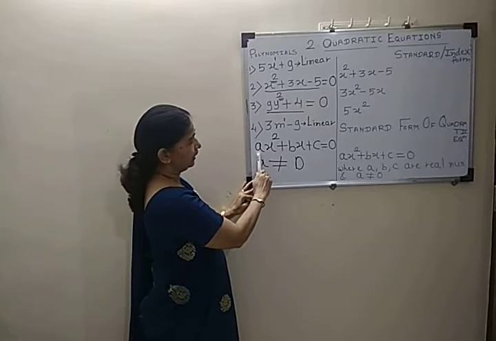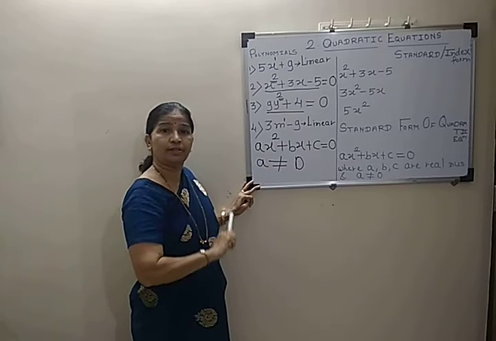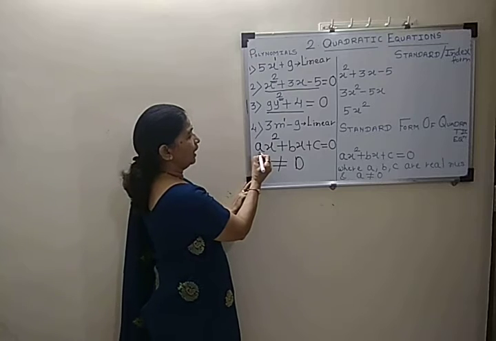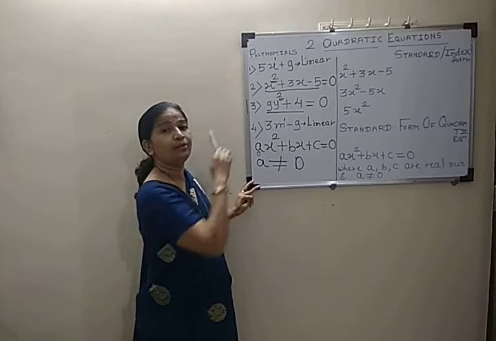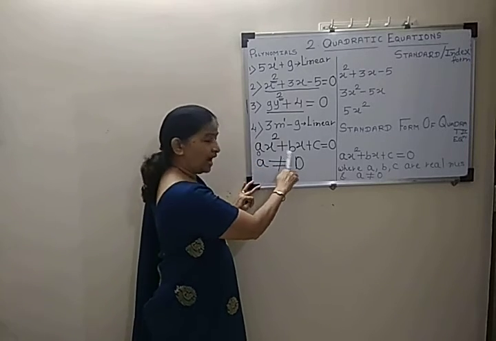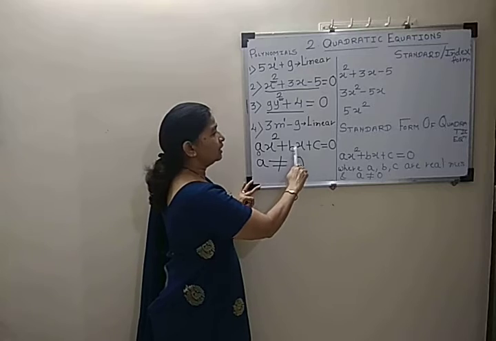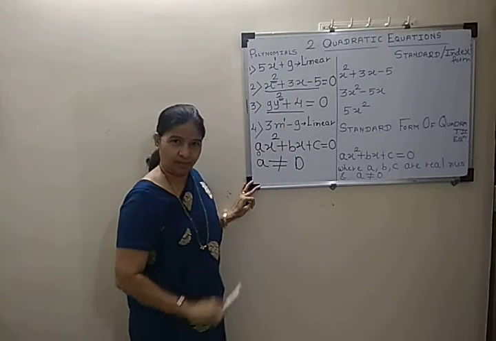Why must a not be equal to 0? Because see here, ax square means a into x square. So if you take a as 0, then 0 into x square will come as 0, and at that time it will be linear, not quadratic.